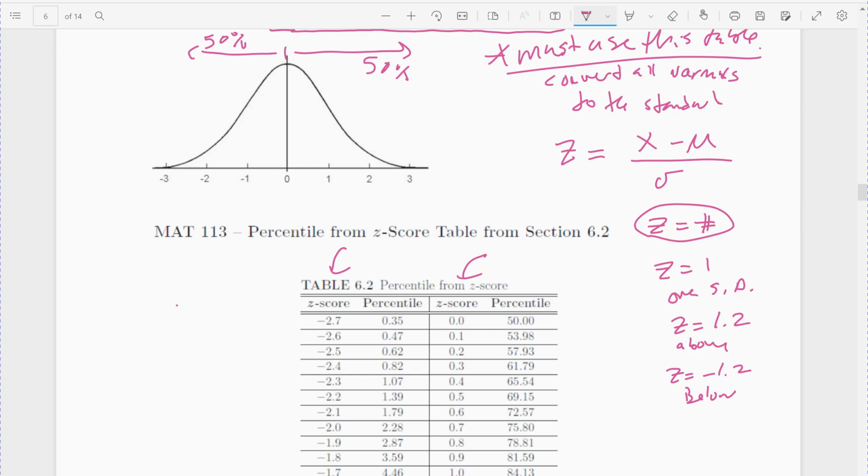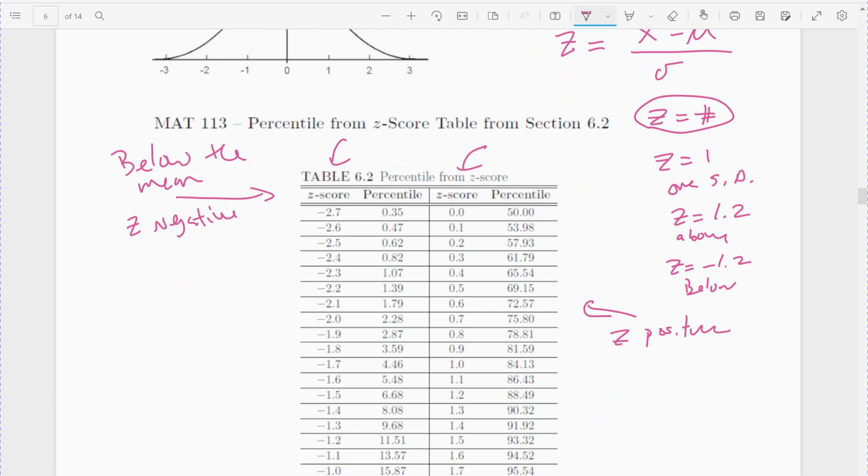Just so that you know, when a z-score is negative, that means it's below the mean. When our z-score is positive, that means we land above the mean, that our score deviates above the mean.